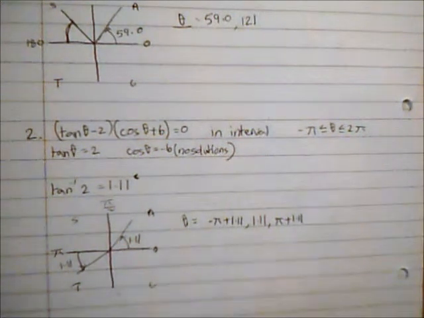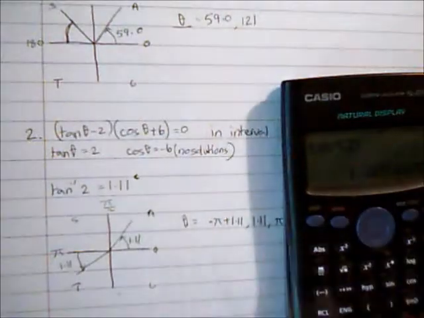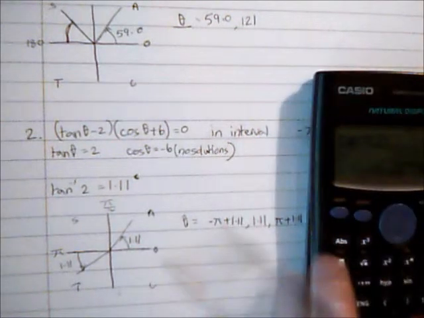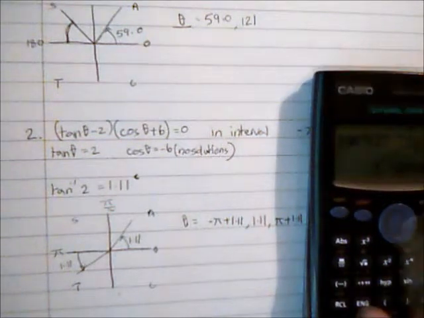So what I'm going to do is, because I need to use this value twice, for both of these values, rather than lose accuracy, I'm going to store it.